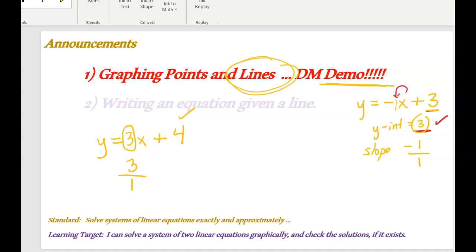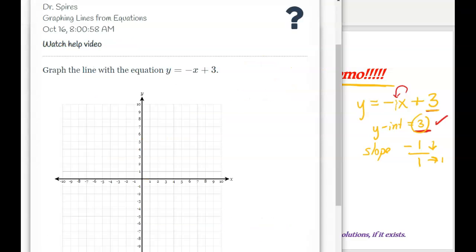So the slope is -1 over 1, which means we're going to go down 1 and to the right 1 from 3. So let's go back to Delta Math and work the problem. The y-intercept is 3. Now the slope is -1 over 1, so I go down 1, over 1, and put a dot there, and it graphs the line for me.